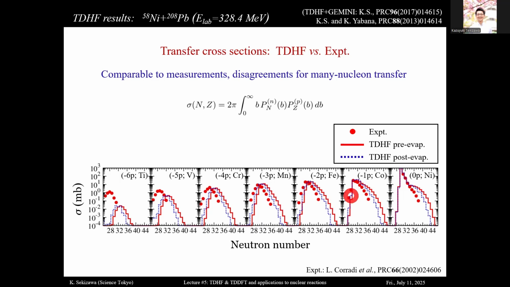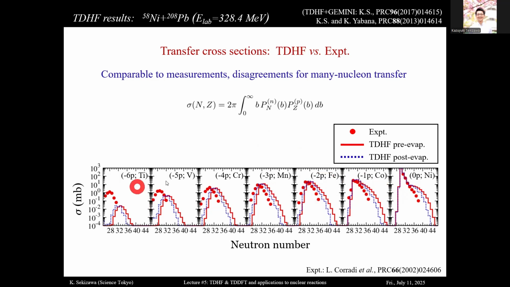And again, without any empirical adjustable parameters. We just take a known energy density functional (EDF), then calculate the collision and extract the transfer probabilities, and then evaluate the cross-section. And then we can get certain qualitative or quantitative agreement with experimental data.